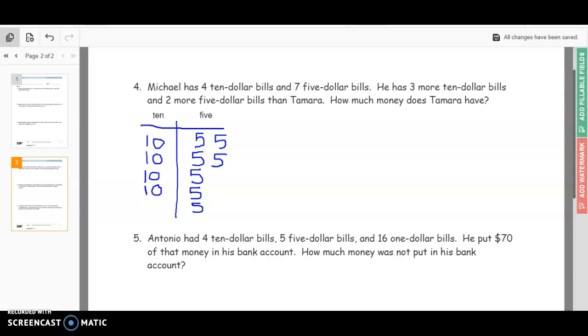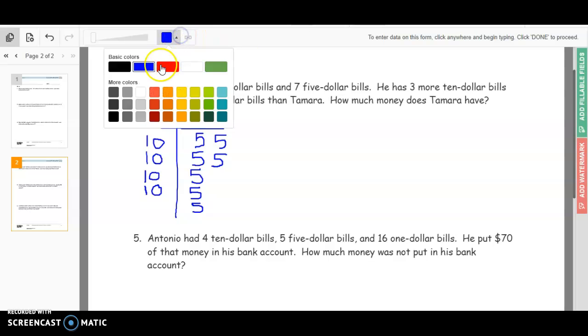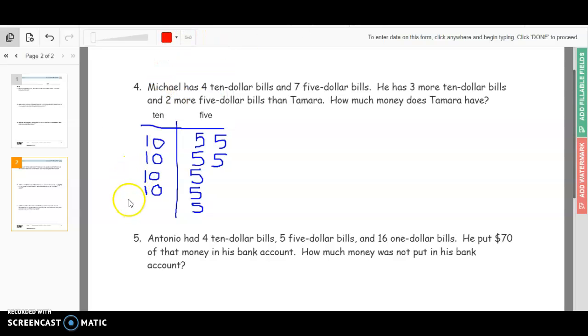So it says that Michael has 3 more $10 bills and 2 more $5 bills than Tamara. So we're going to have to subtract because it says that he has more than her, so she's going to have less. Okay? So he has 3 more $10 bills. That means we need to take away 3 $10 bills to get us what Tamara has. So I'm going to take my red now, and I'm just going to cross out 3 $10 bills.